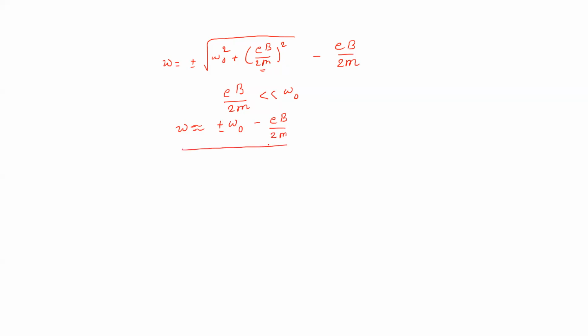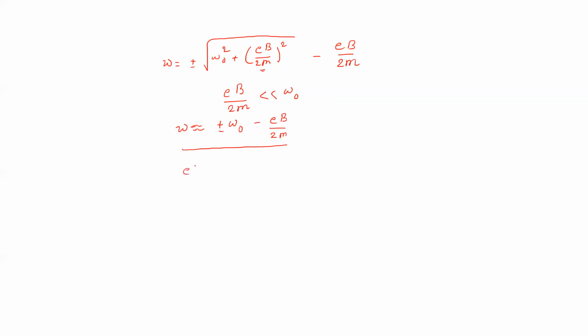So what does this equation indicate? This equation indicates that omega is the frequency of revolution of the electron in presence of this magnetic field, and omega 0 is the frequency of revolution in absence of the magnetic field. So the frequency changes by a factor eB divided by 2m in presence of this magnetic induction.